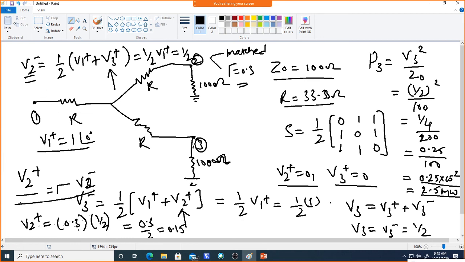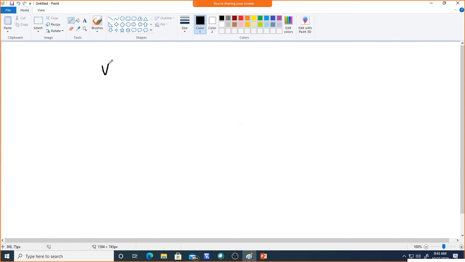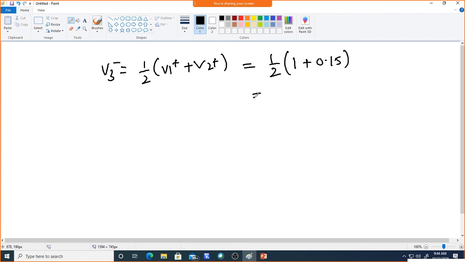What is V3 minus? Which is nothing but half of V1 plus V2 plus. So now for the mismatched case we have found out, V1 plus is 1 plus V2 plus is 0.15, so that is nothing but half of 1.15, which is 0.575.